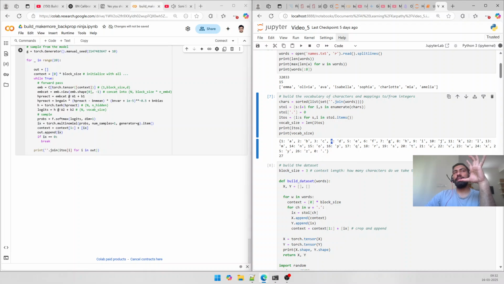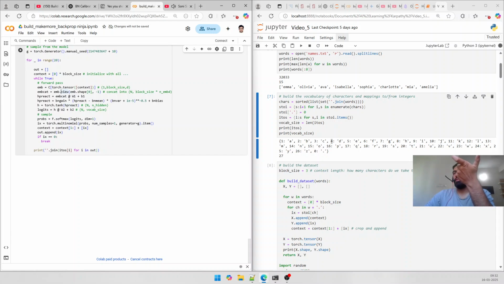D is the one that the model predicted. Next time again we take the same context, 0 0 0 0 0 4, and feed it in. Again it makes a prediction, say 7, so 0 0 0 0 4 and then 7, that is D and G, and again it will go on and on, because it's a while true loop, until we receive a dot again.